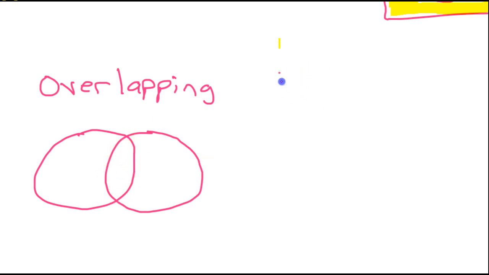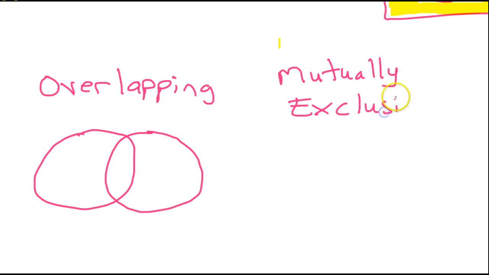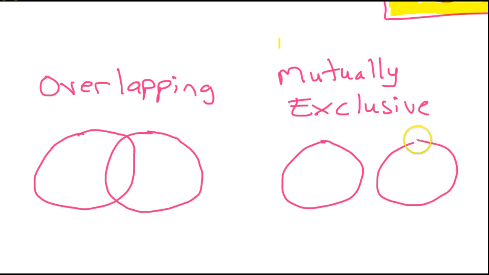But mutually exclusive would be like this. All right, 2 sets for which there is no overlap. All right, meaning that it's impossible to be a member of both sets.